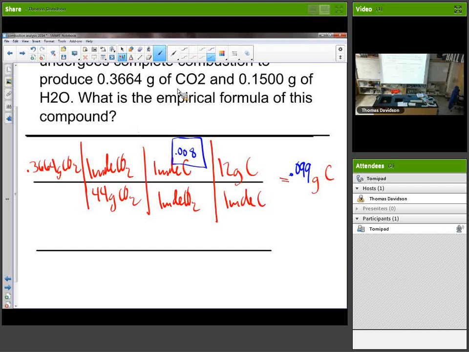All right, now, the next one, I had 0.15 grams H2O. I have 18 grams H2O for every 1 mole H2O.